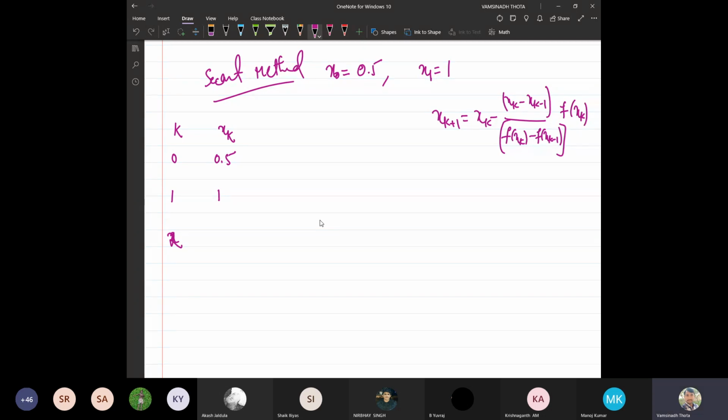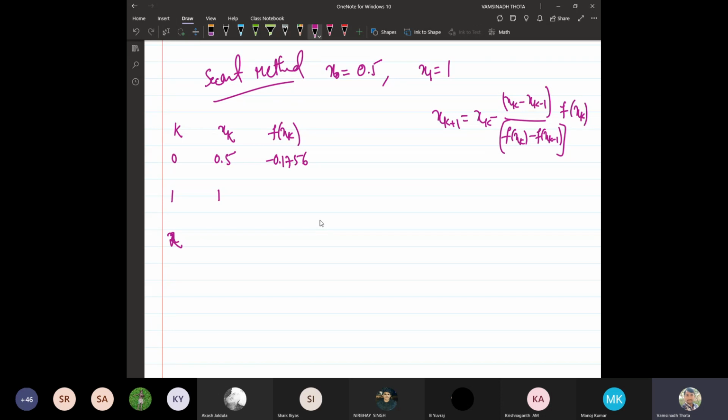We also need f at xk. So f at 0.5, what is f at 0.5? Minus 0.1756.